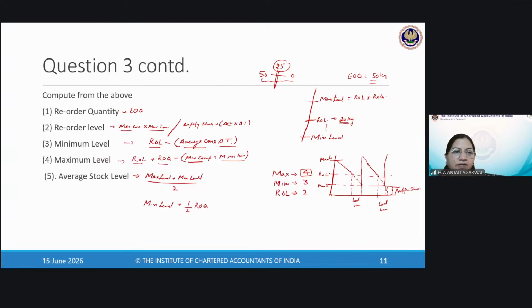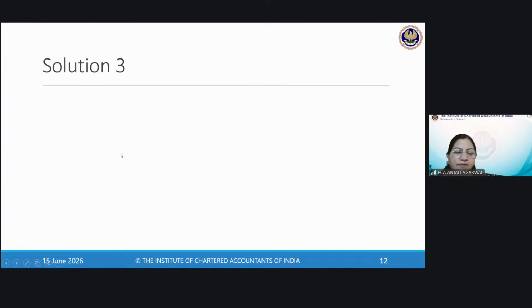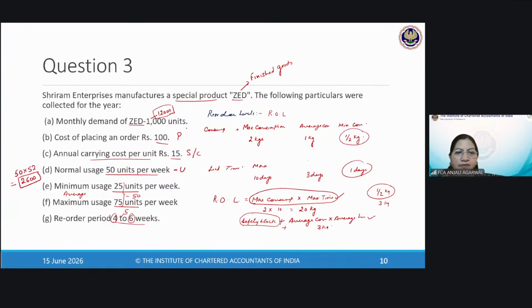So from the above data, calculate the reorder quantity, reorder level, maximum level, minimum level, and average stock level. Let's look at the solution now. EOQ will use the formula under root 2 into U into P upon S. So this gives us 2 into 2600, and placing and storage costs were very clearly given.